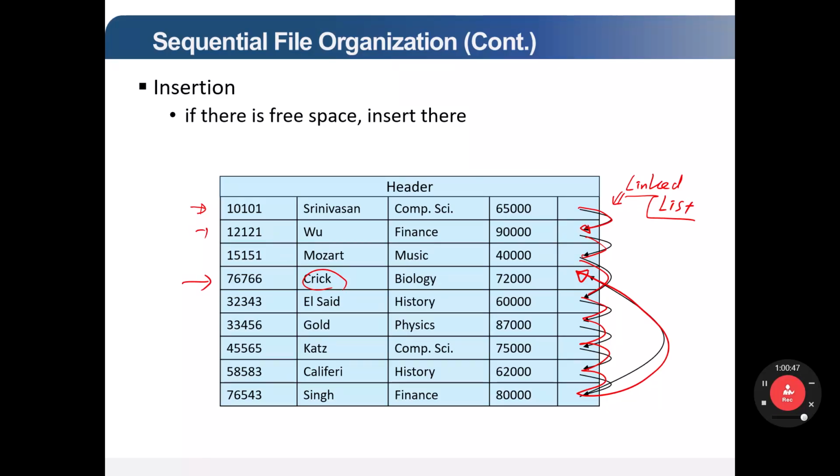Does it even depend on the order? We need to traverse all the blocks to find the result, right? So even if it is sorted or not sorted, to find a value we need to traverse all the other blocks. So it doesn't depend on the order.